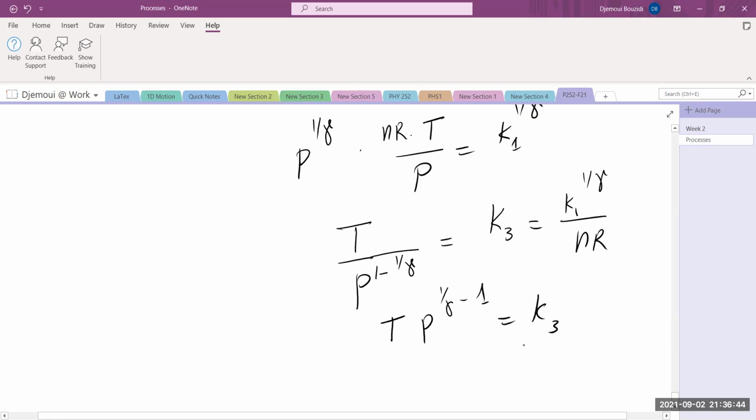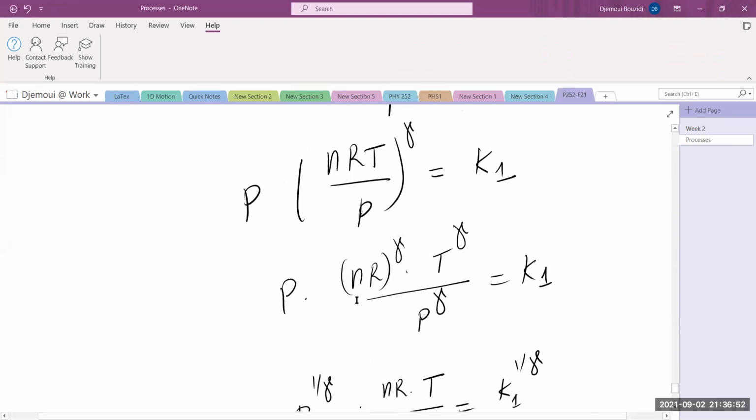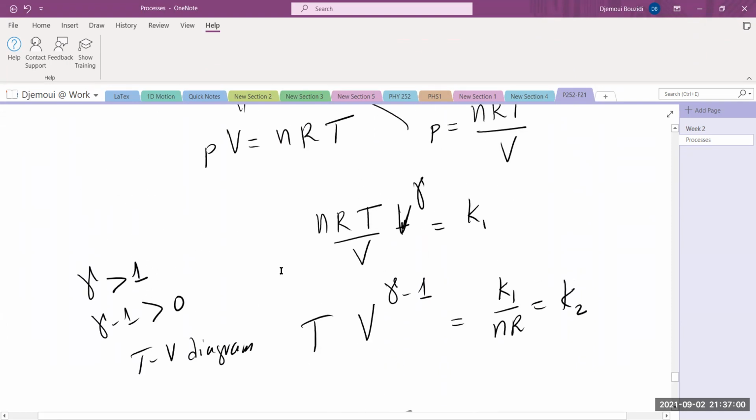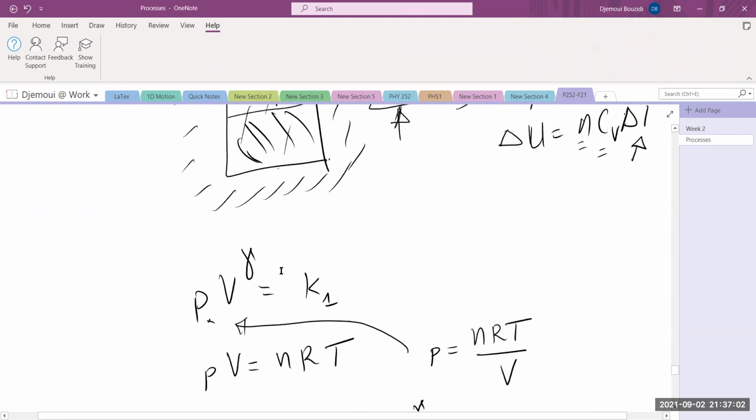So this is basically how you manipulate. This is your TP diagram. This is your TV diagram. And the expression we derived in class today was in the PV diagram, which is this one.